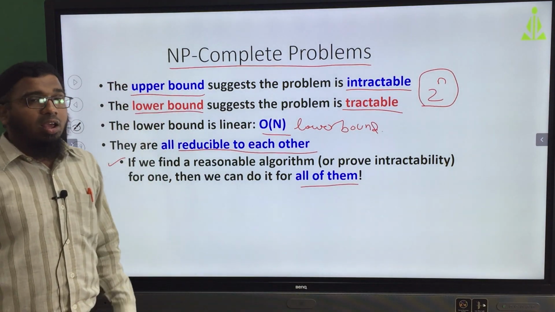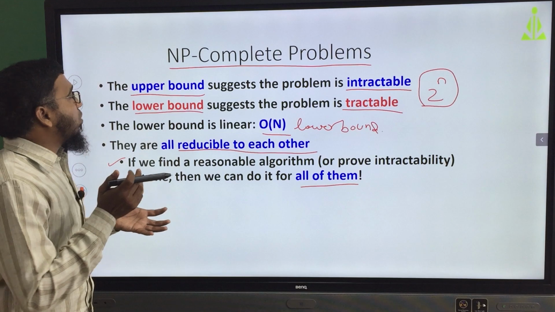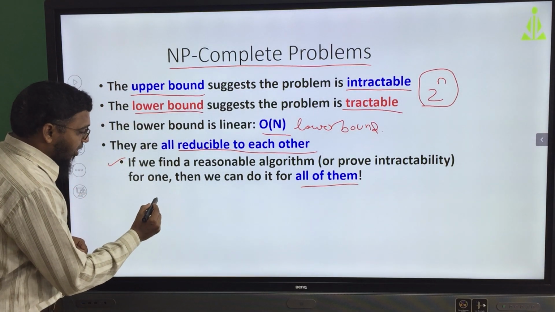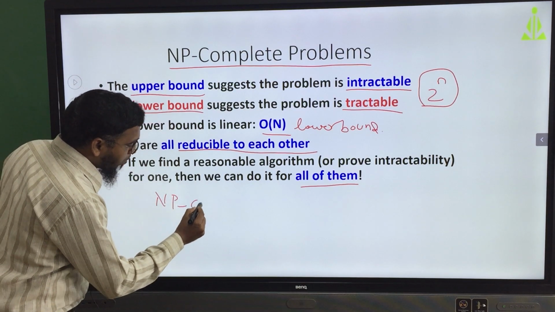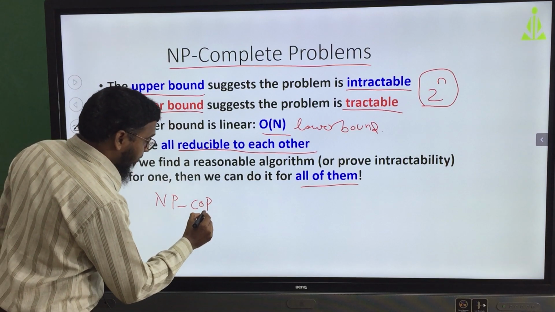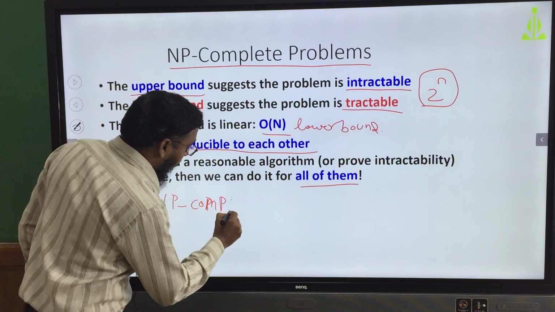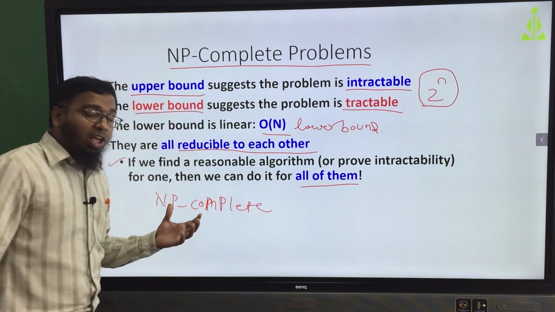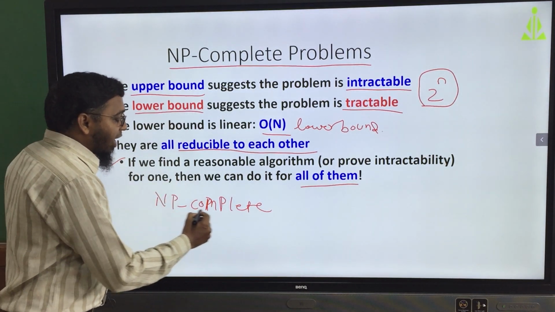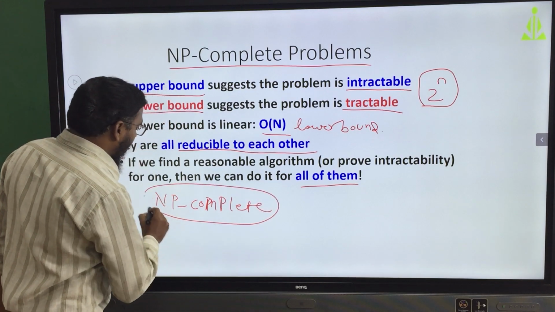The main point of NP complete is that whatever NP complete problems we have, we can say they are all NP hard.